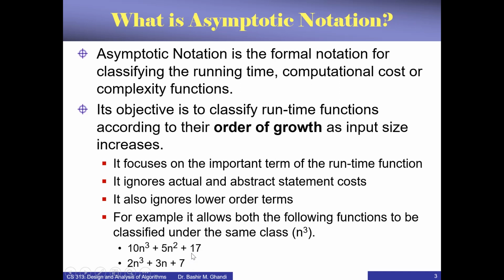We said we will concentrate on the term that has the highest degree. In both of these cases, n cubed is the highest degree. So we're going to ignore the terms with n squared, the constant term, or the term with just n. Just concentrate on the term with the highest degree. In both functions the highest degree is n cubed, and we also ignore the constant coefficient, so it's just n cubed. Also, this function is also n cubed.